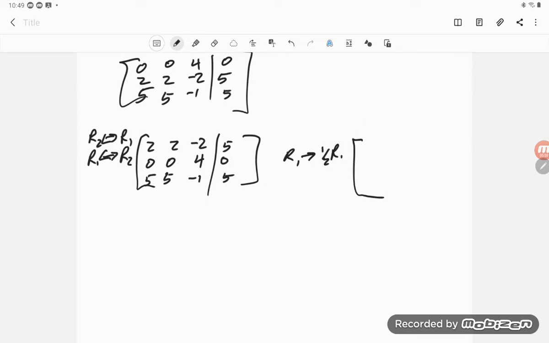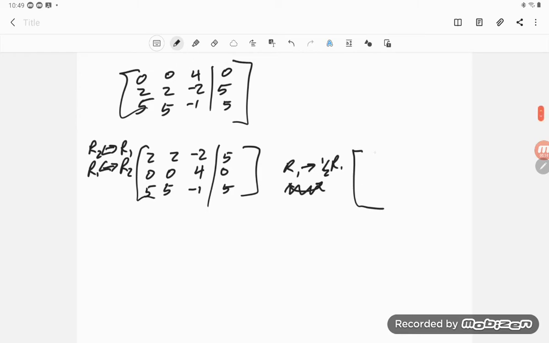And I would actually rather swap those two things, but the book does it this way, so we'll do it that way. 1, 1, -1, and 5/2. And then we didn't do anything to the second or third row, so we leave those alone. 5, 5, -1, and 5.